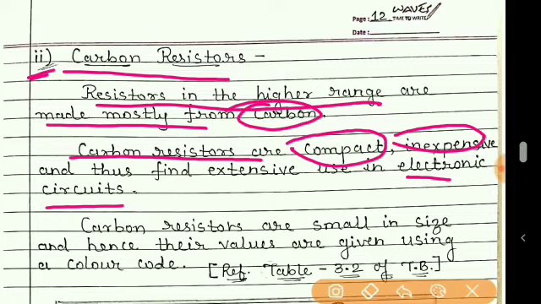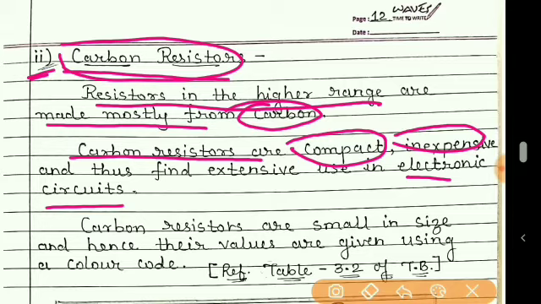Students, this type of resistors, their size is very small, they are very cheap, means they are not costly, and they can be easily connected in a circuit, and so their use is very wide.